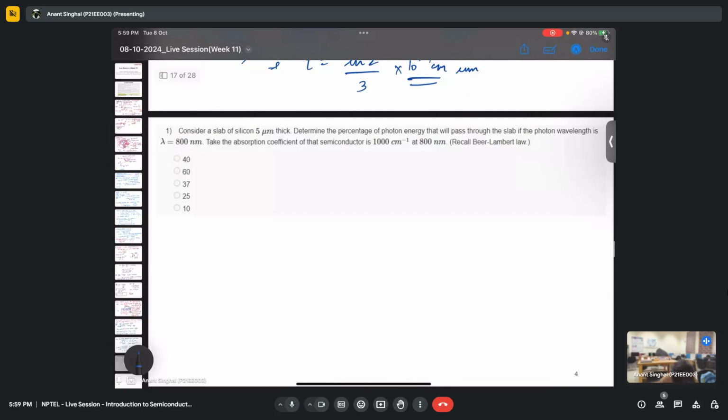So this is also a similar problem. You can give it a go quickly. We have a slab of silicon 5 micrometer thick. We need to determine the percent of photon energy that will pass through the slab if the photon wavelength is this, and alpha is given as this, and lambda is also given. So this is straightforward. I is I naught exponential of minus alpha x. Thickness is given as 5 micrometer, so x is 5 times 10 raised to the power minus 4 centimeter.